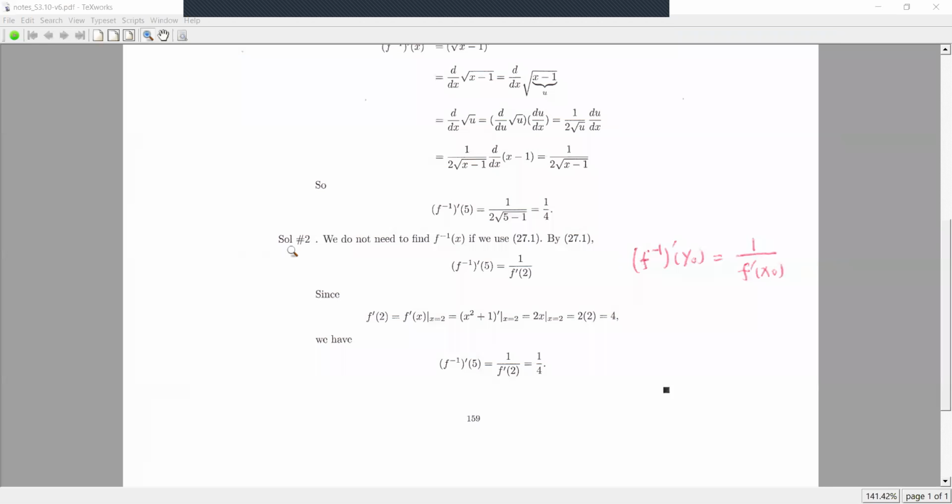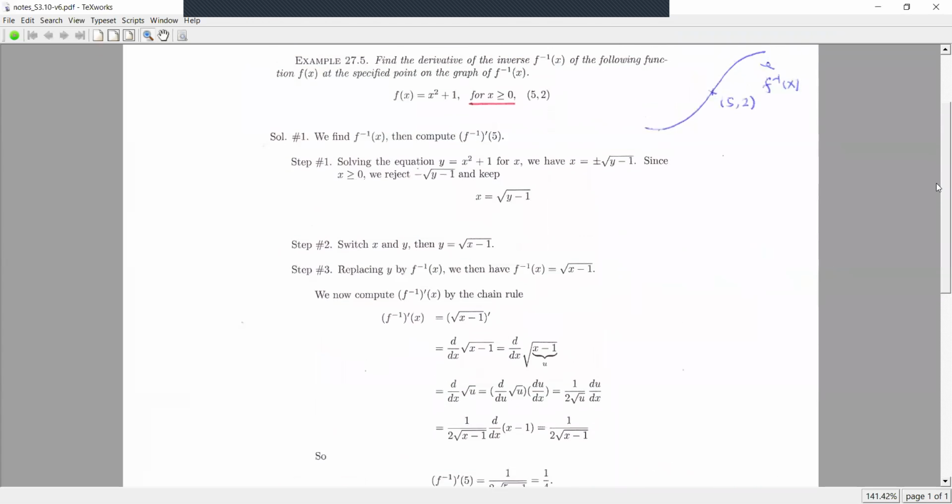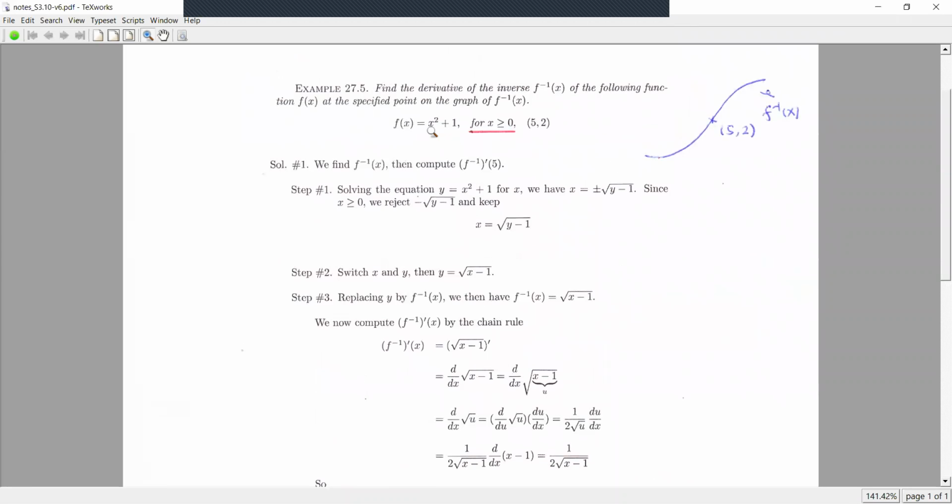Solution 2. In this solution, I want to use this formula. By this formula, the derivative of f inverse at 5 is equal to 1 over the derivative of f at 2. Function f is x squared plus 1.